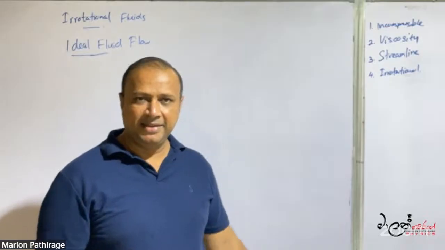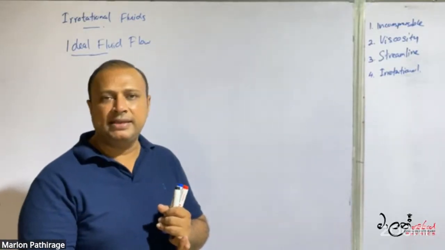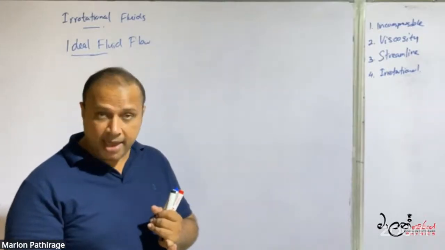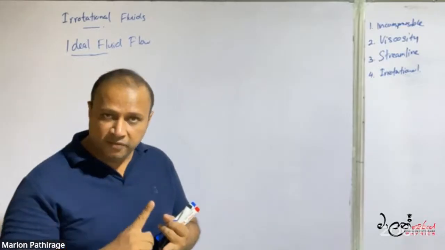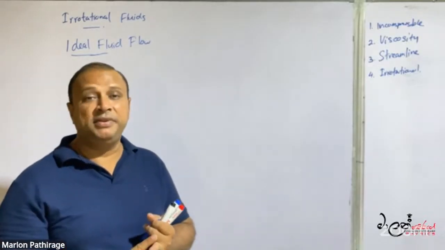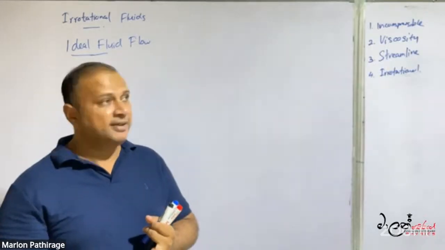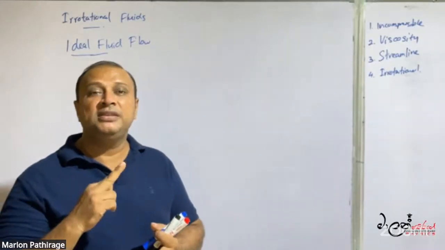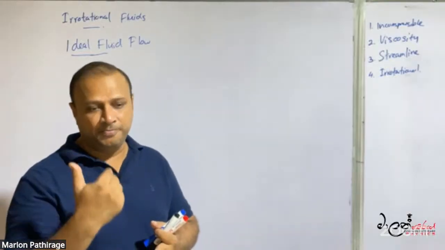Therefore, if any liquid behaves as an incompressible liquid and does not have the viscous property, it should be a non-viscous liquid. Other thing is, it should be a streamlined liquid with a steady flow.